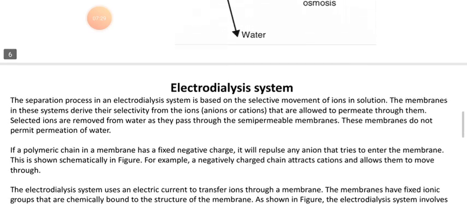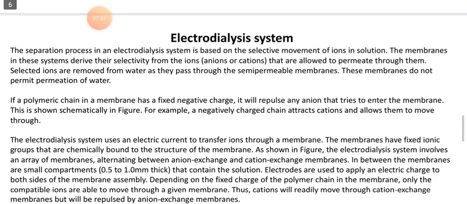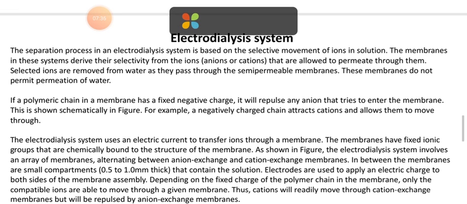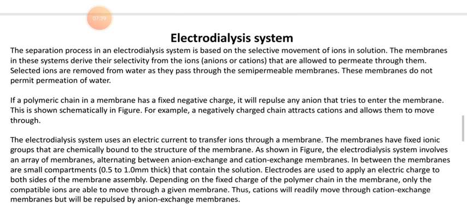Now come to the electrodialysis system. The separation process in an electrodialysis system is based on the selective movement of ions in the solution. The membranes in this system derive their selectivity from the ions that are allowed to permeate through them.